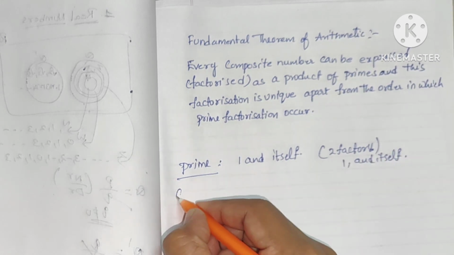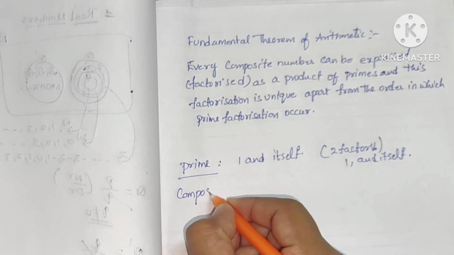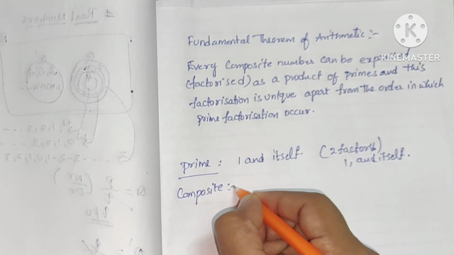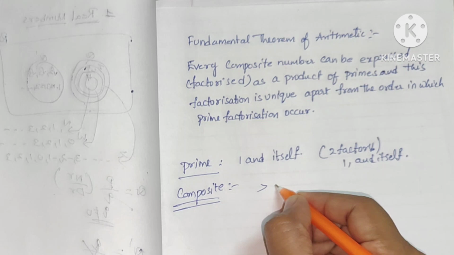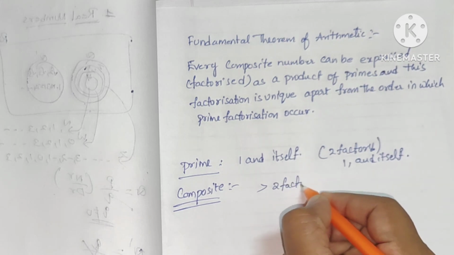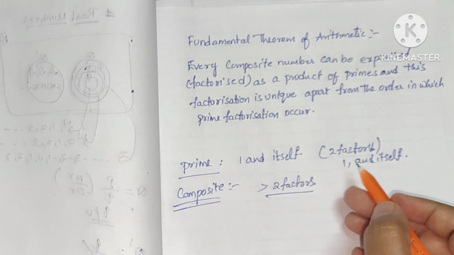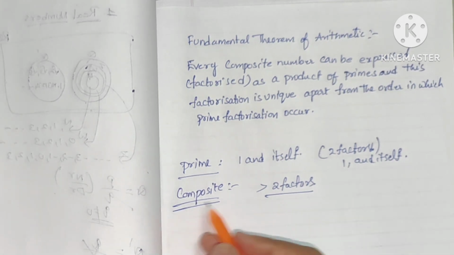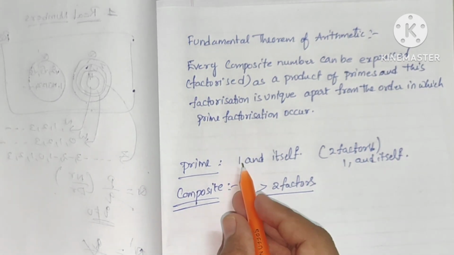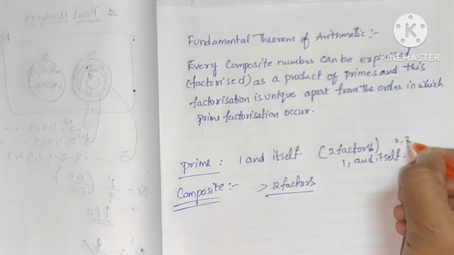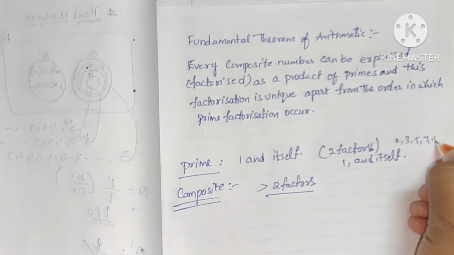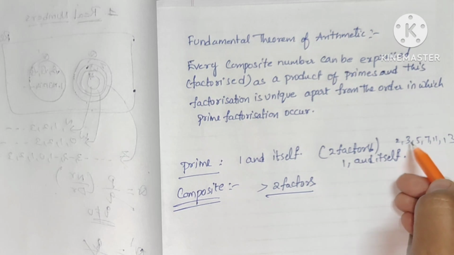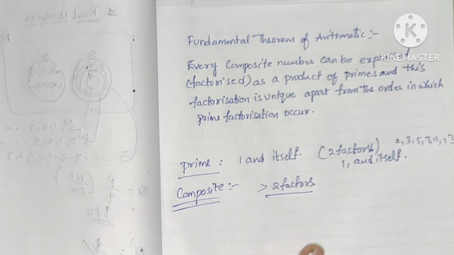Okay, and a composite number means a number which has more than two factors, that means factors other than 1 and itself also exist. So those numbers are called composite. Prime numbers are 2, 3, 5, 7, 11, 13, only divisible by 1 and the number itself, right?